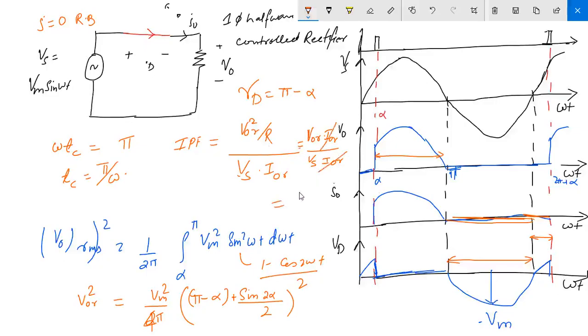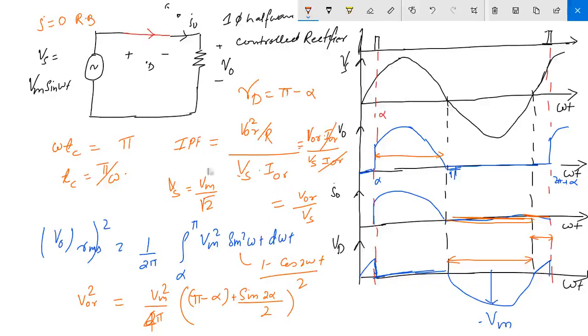So actually it is the RMS output voltage upon total supply voltage. So this is the input power factor. You can put Vs as Vm by root 2. So you can put the whole values, you will get the input power factor.